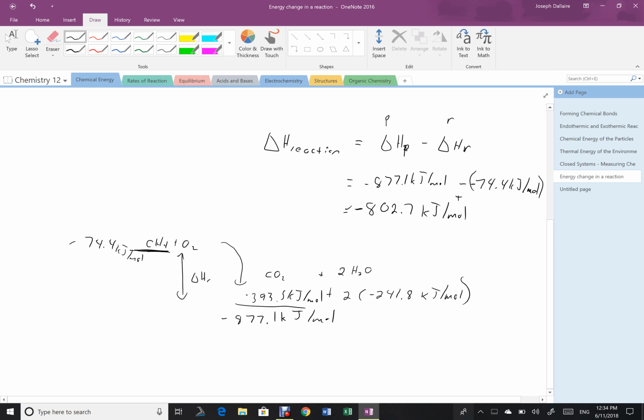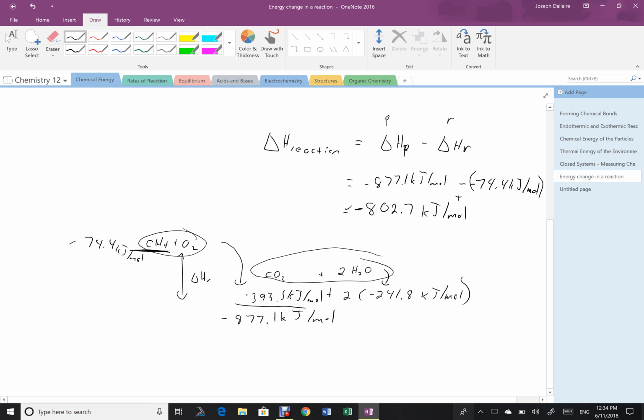So the reactants have gone from this energy state way down to this one, and this is the energy that's available to the environment as an exothermic reaction. I didn't have to do all of this and show it in all of these steps. I could have just taken this minus this and done the calculation directly.